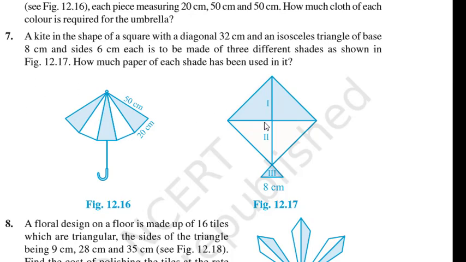So here I have a square shaped like this. I will extend it. Now here the diagonal is given as 32.